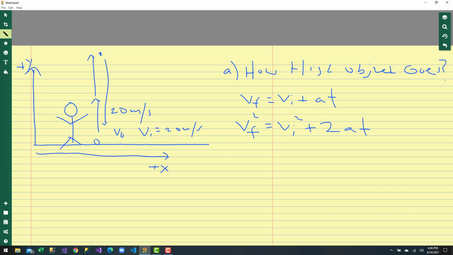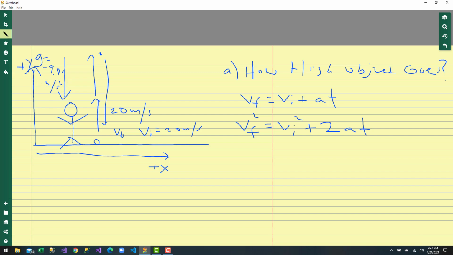The only force acting on the object is gravity, in the downward direction. That's the acceleration due to gravity, called g. And since it's pointed downwards in our coordinate system, that's negative 9.8 meters per second squared.